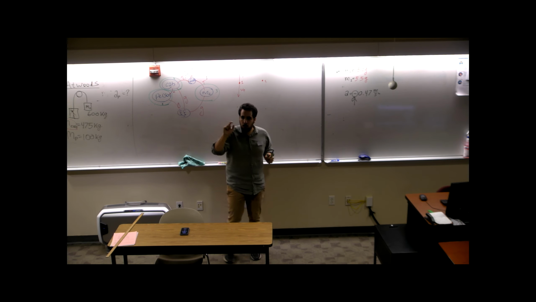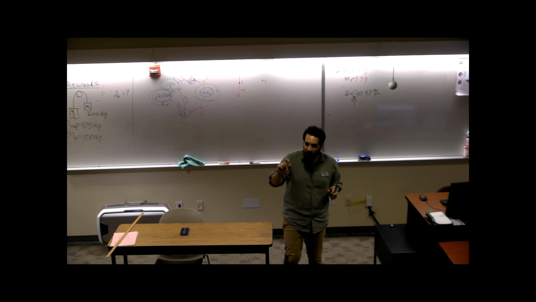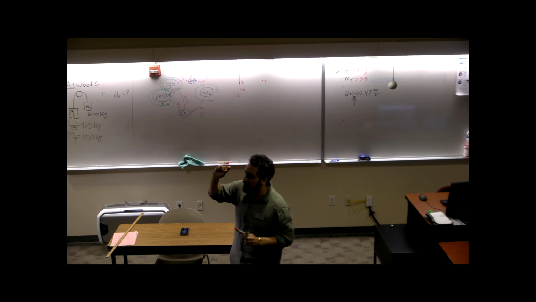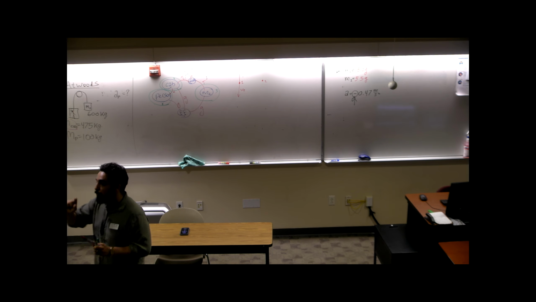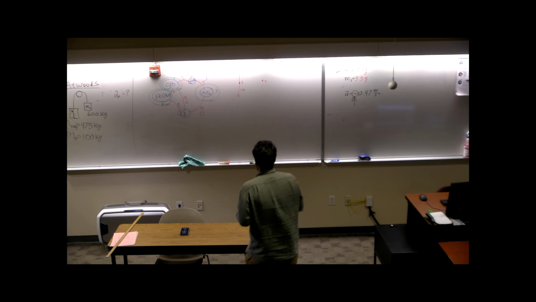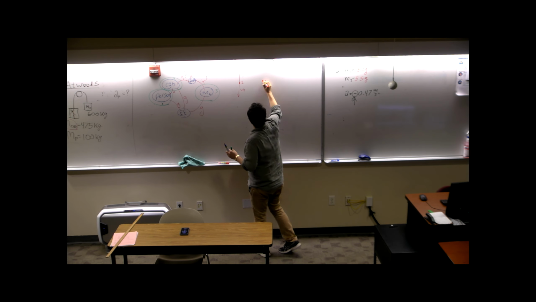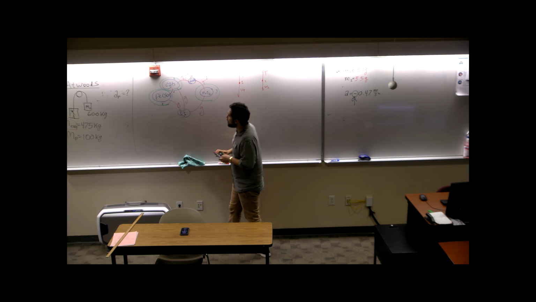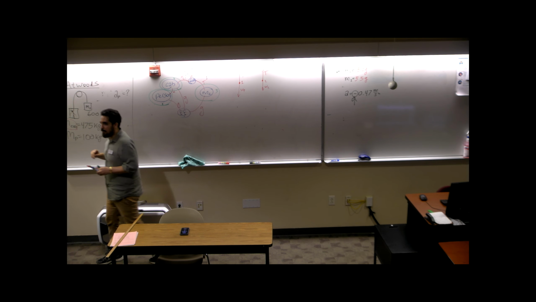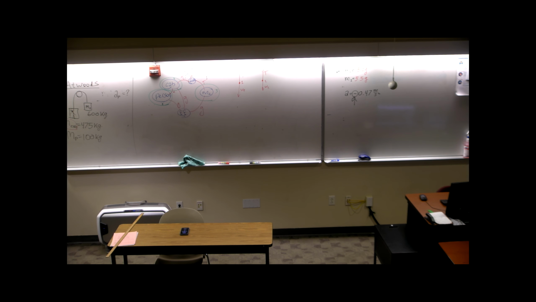When we use that term weight, we are talking specifically about the weight of the cab. Well, the weight of the cab is there, that is for sure. Weight of the cab, tension. But that weight of the person is not there.